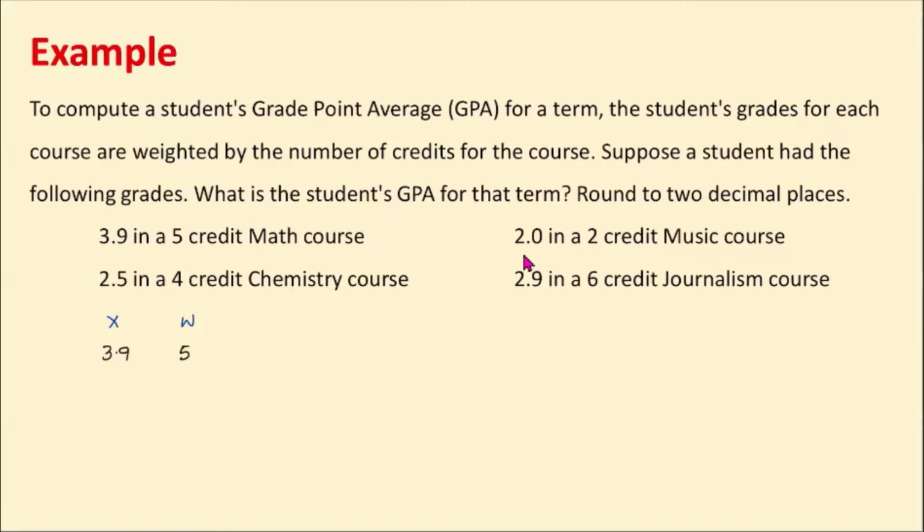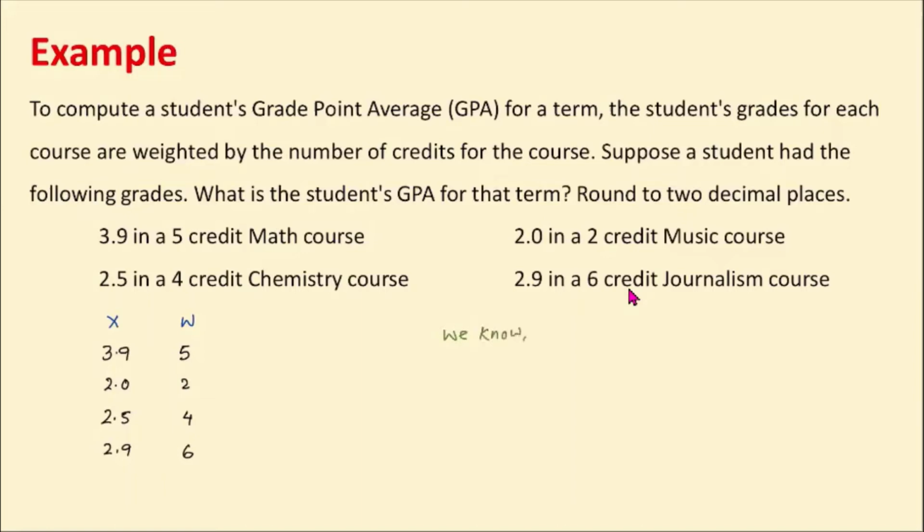Similarly, 2.0 in a 2 credit class, 2.5 in a 4 credit class, and then 2.9 in a 6 credit class. We are asked to find the GPA, the grade point average. This is what we know.